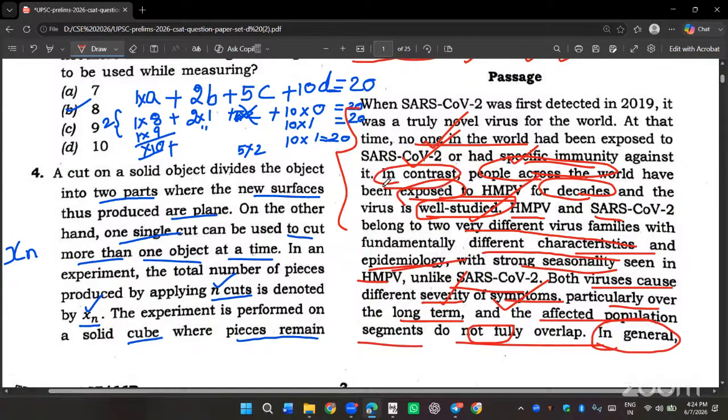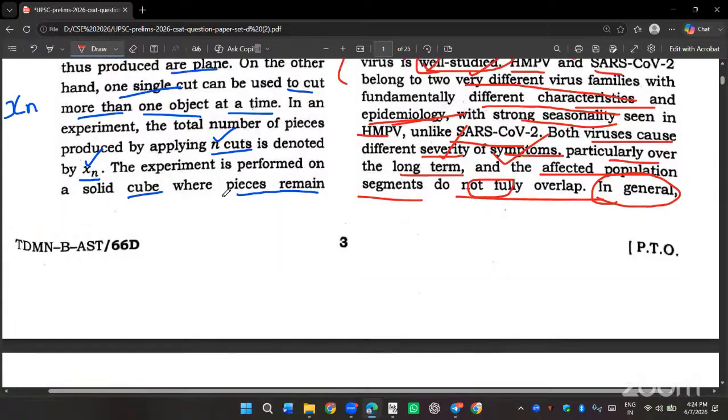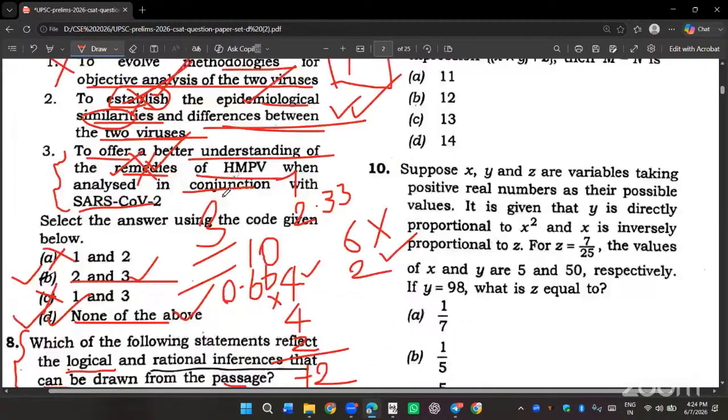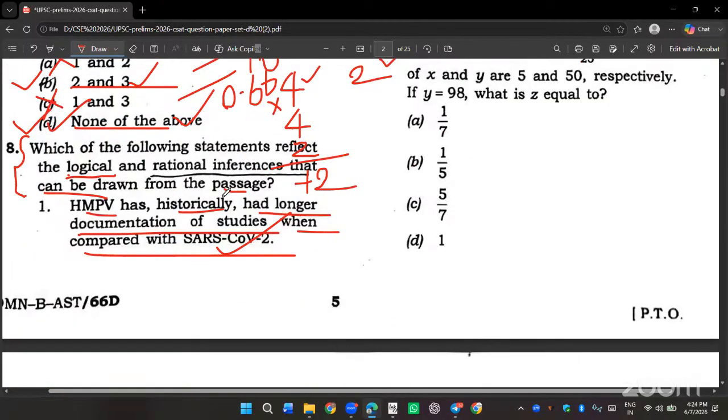Now you have got it. Matter finished. So, in comparison to SARS, HMPV was historically well documented and studied. Every year I teach the students in this way only. Okay, so statement 1 is correct.